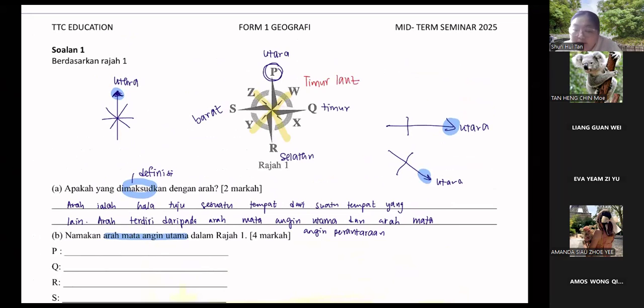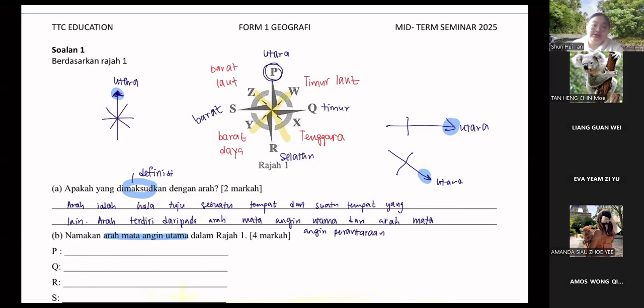Between timur and selatan, you have tenggara. Followed by barat, and in between barat and selatan, barat daya. And the last one is barat laut.